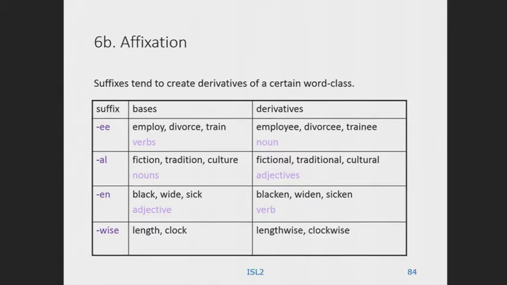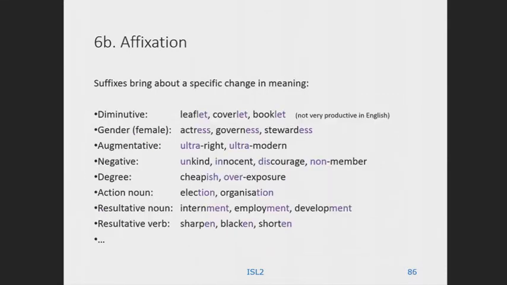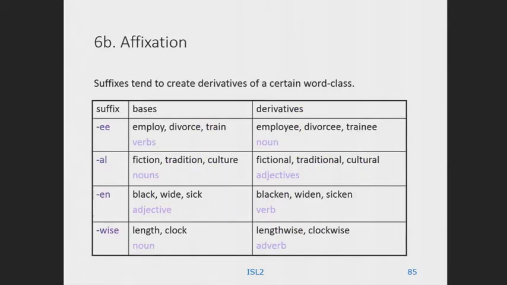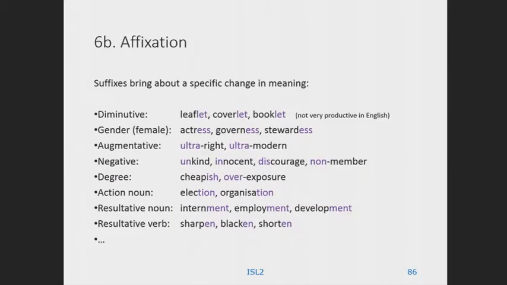And if I take length and clock and I add -wise, I have a noun that suddenly becomes an adverb, right? So you can see here already that sometimes they're restrictive. Sometimes certain suffixes tend to, usually, some of them also always, attach to one kind of base and create a certain kind of derivative.